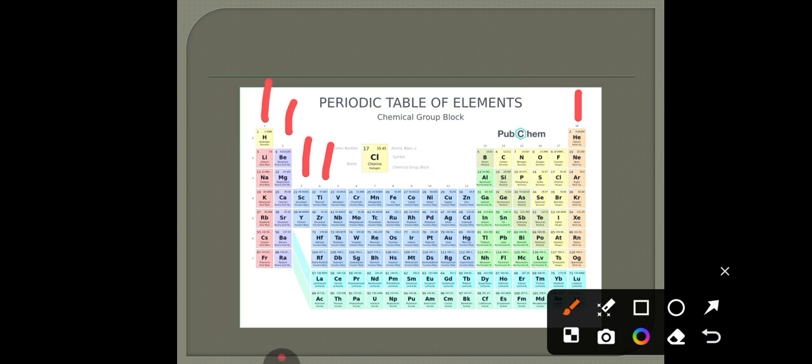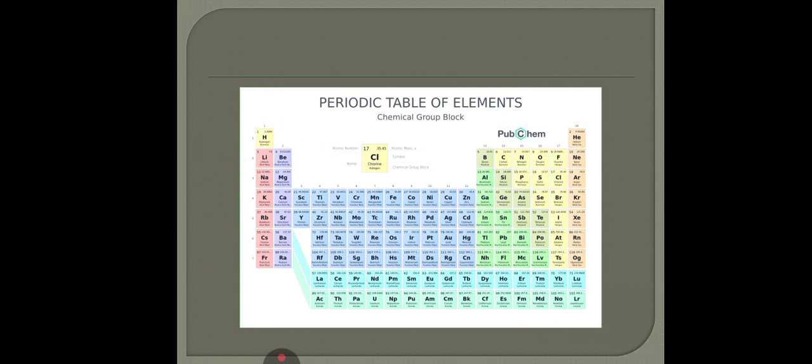So the vertical columns are called groups, and the horizontal rows are called periods. So totally there are 18 groups, that is vertical columns, and there are 7 periods, that is the rows. And the elements are also placed according to similarity in their physical and chemical properties.